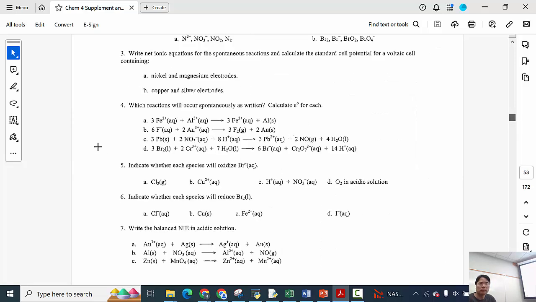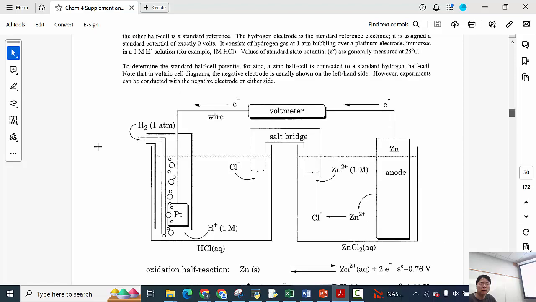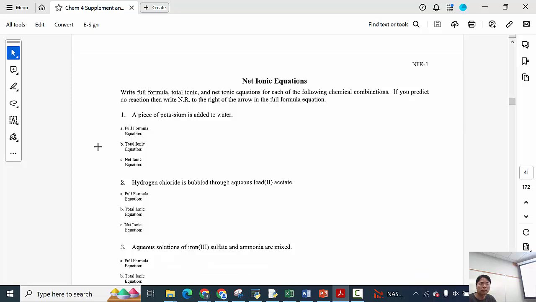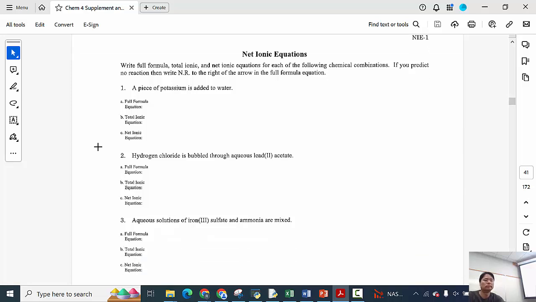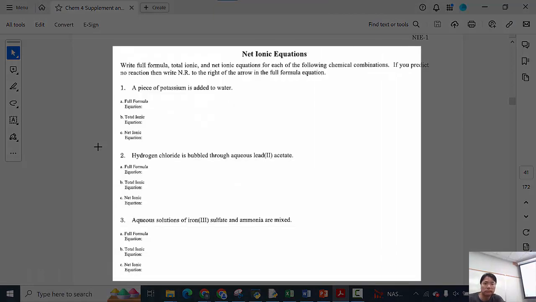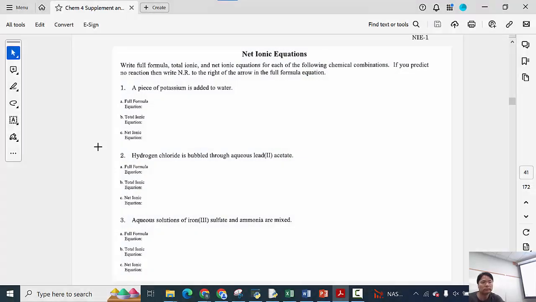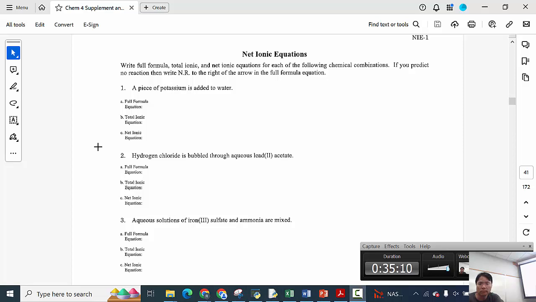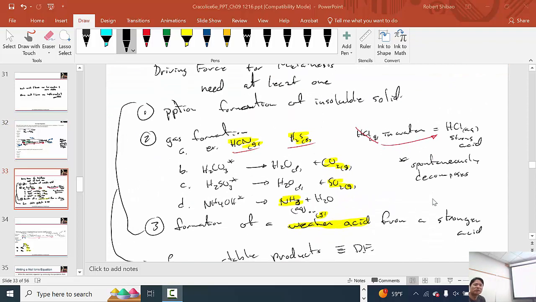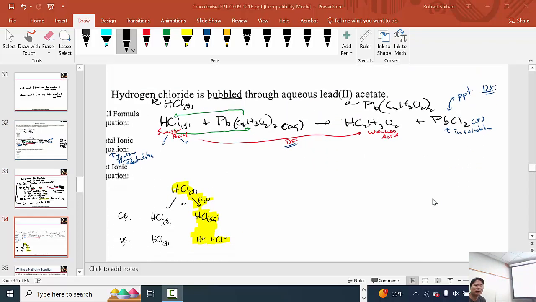Back up in the supplement. It's a little bit tricky, so this is why I talked about this here.